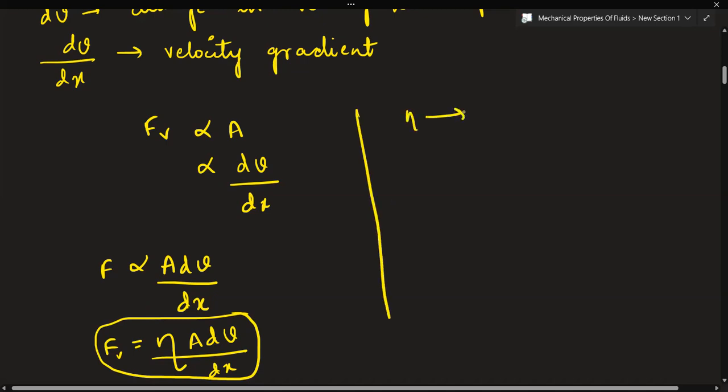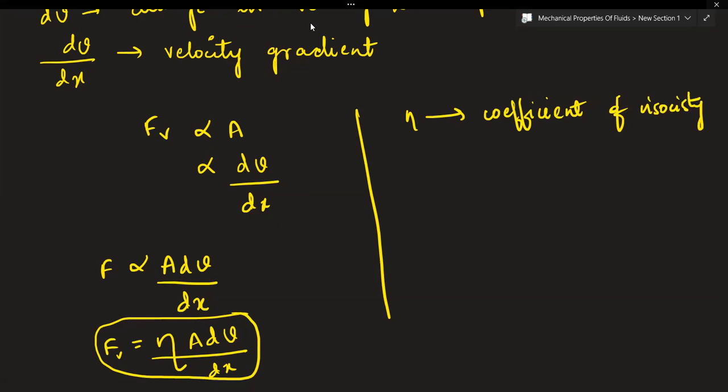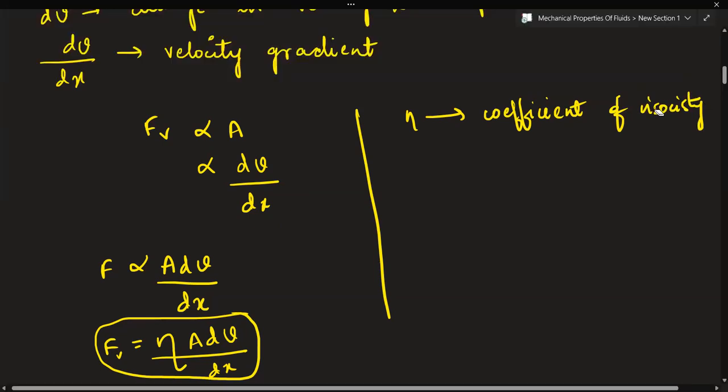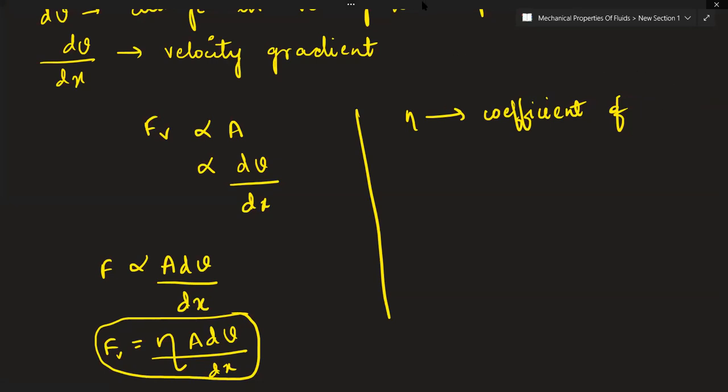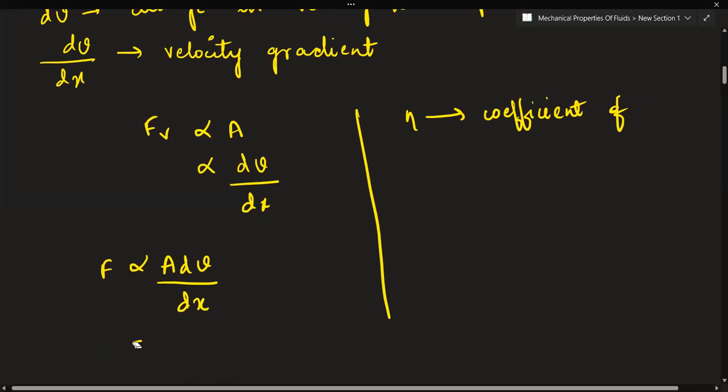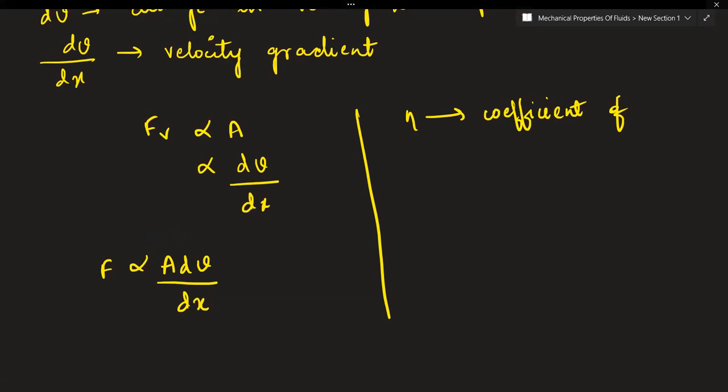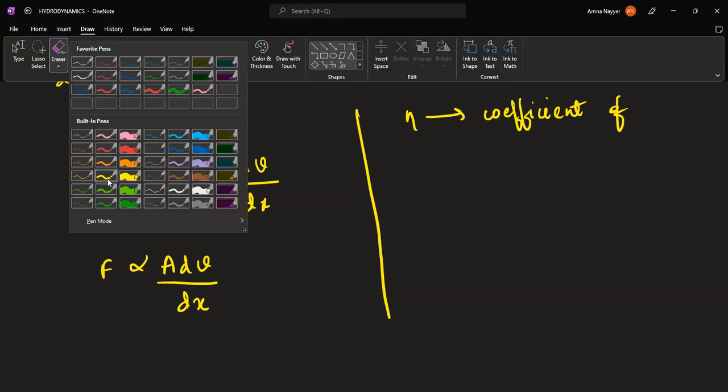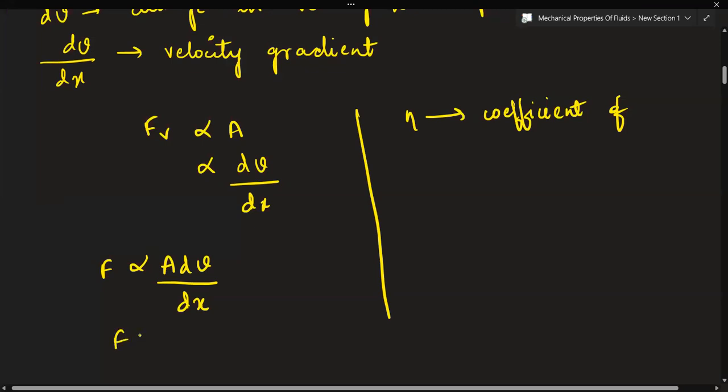So eta over here is the coefficient of viscosity, the constant that we are using. F is equal to eta A dv divided by dx.